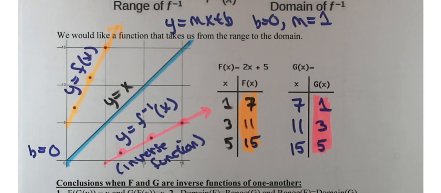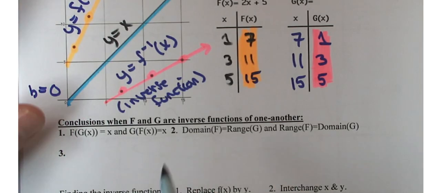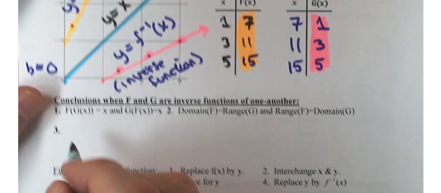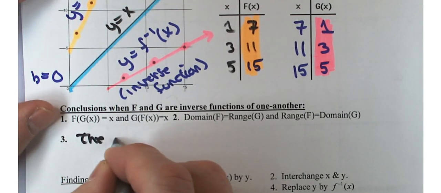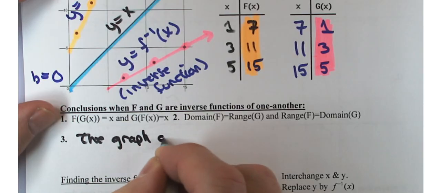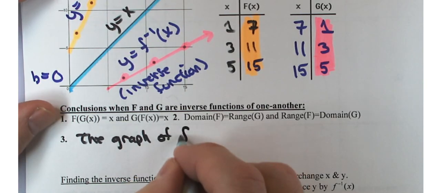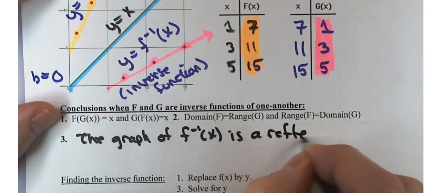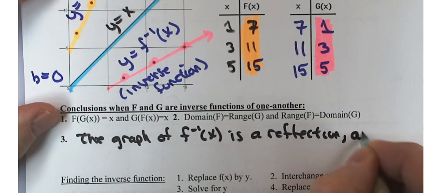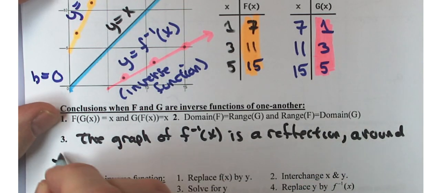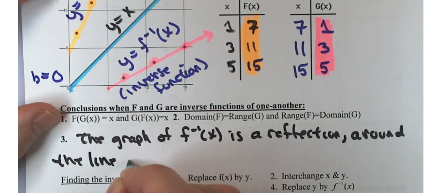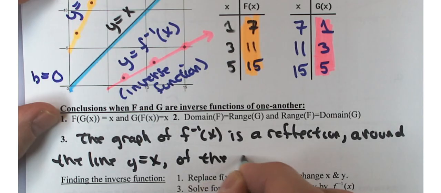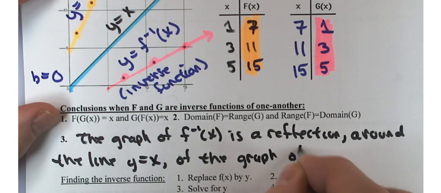So let's kind of back up a little bit, or let me zoom out a little bit here. One of the conclusions that I want you to have is that the graph of f inverse of x is a reflection around the line y equals x of the graph of f of x.